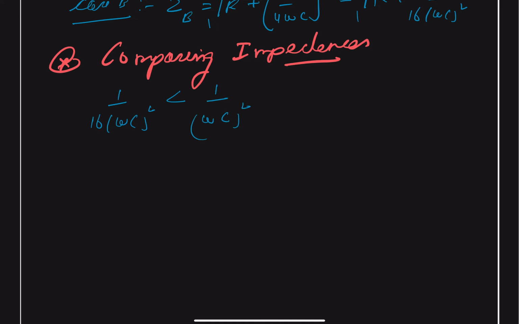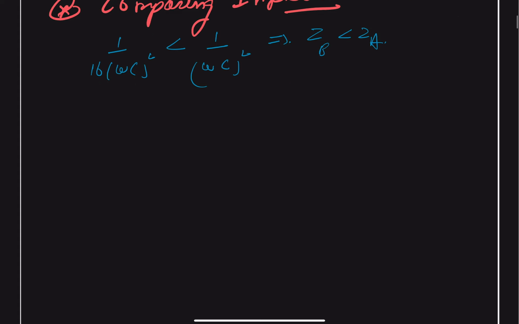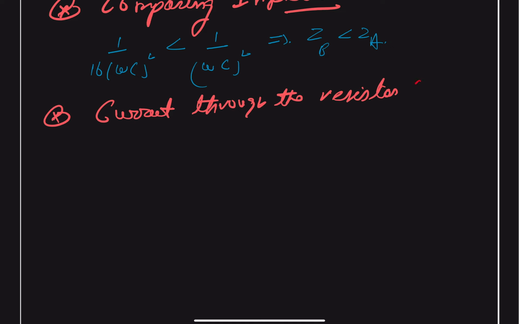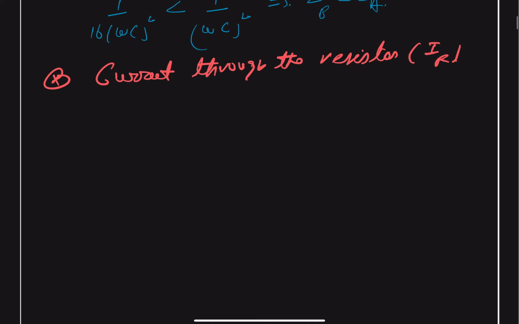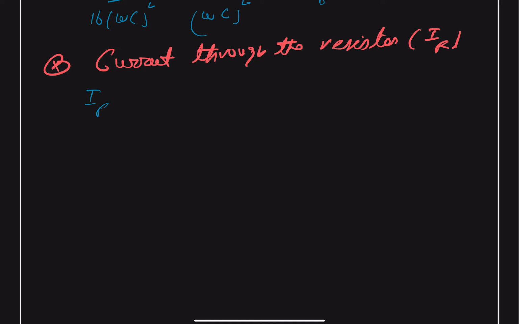And if the current through the resistor is given as IR, then we can write a general formula for this, that our IR will be equal to Vrms divided by Z. Now once again we divide into two cases.